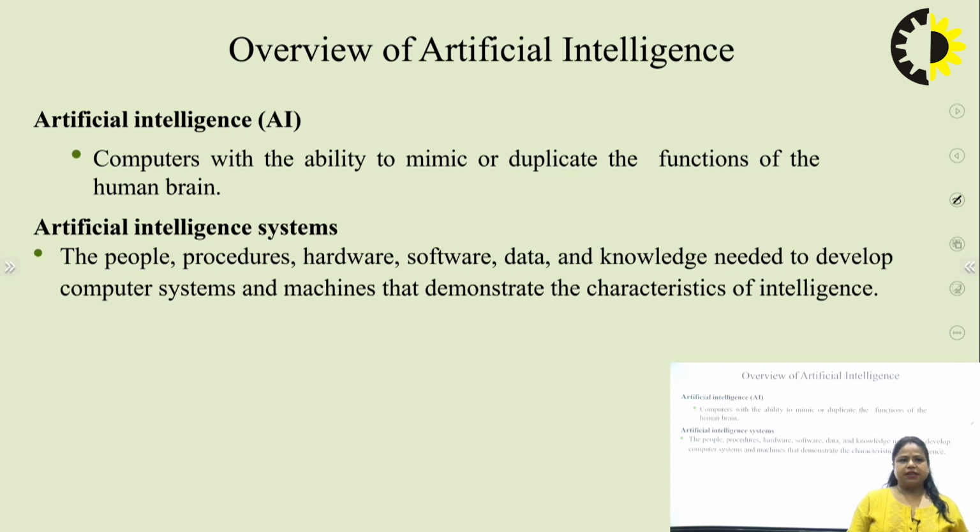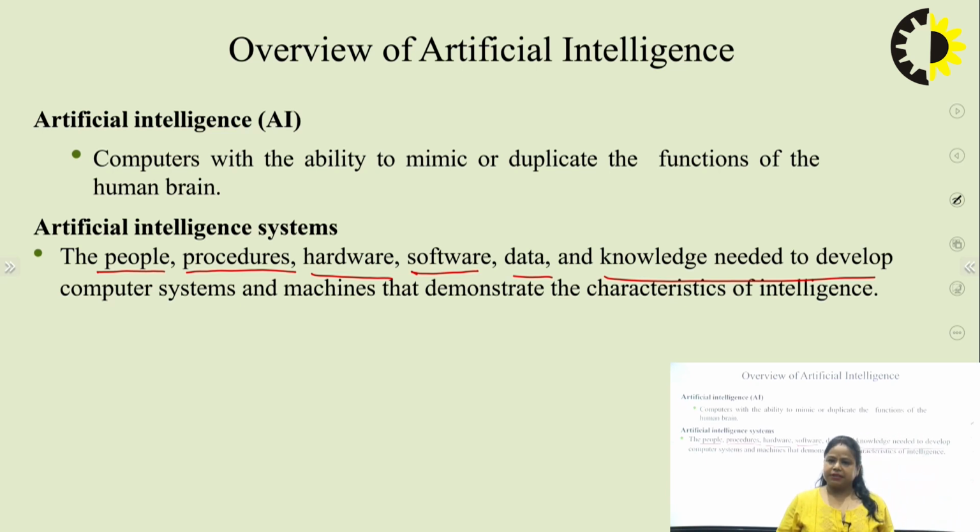In that case, what all do we require? We require people, how they think about it. We should know the procedures, or you can say the programming languages. We know the hardware, what all hardware we require to install into the system. Simultaneously, software, data, and the knowledge needed to develop the computer systems and machines that demonstrate the characteristics of intelligence.